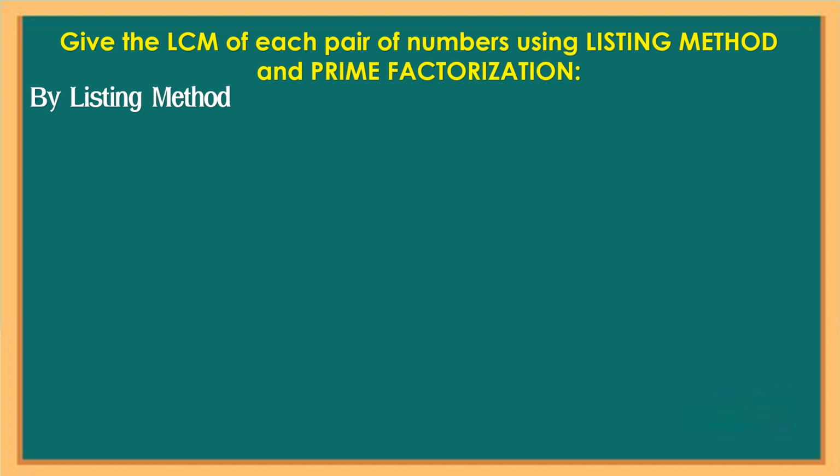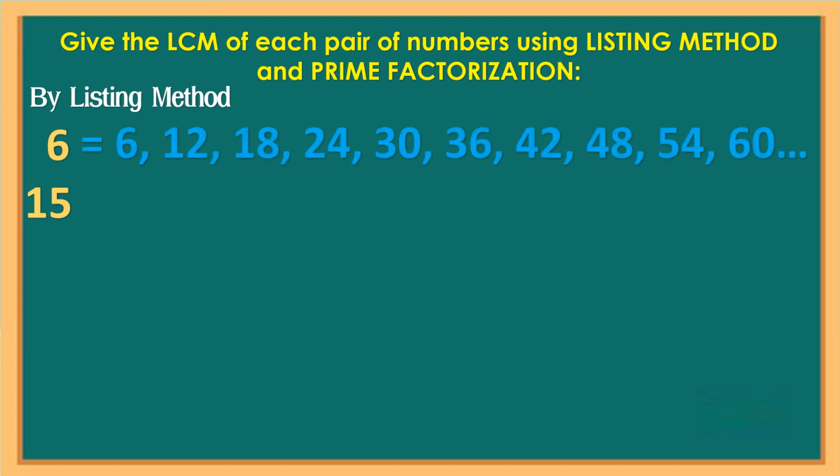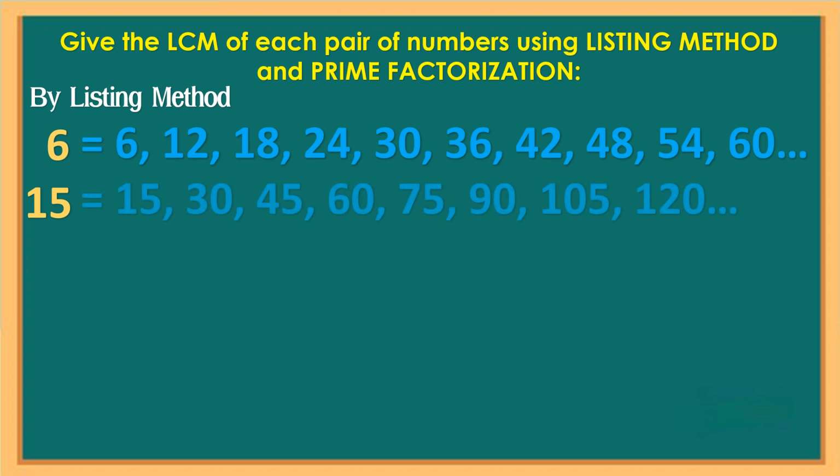By listing method, for 6, the multiples of 6 are 6, 12, 18, 24, 30, 36, 42, 48, 54, 60, and so on. The multiples of 15 are 15, 30, 45, 60, 75, 90, 105, and 120.